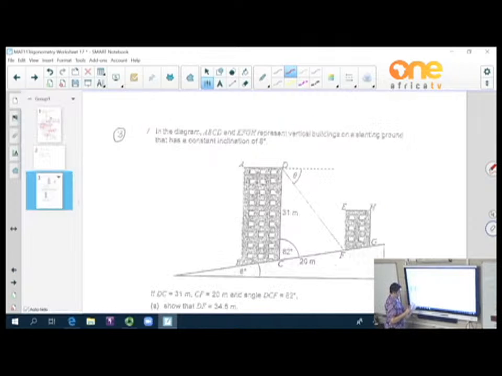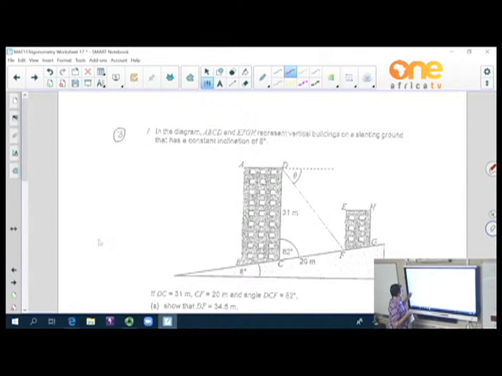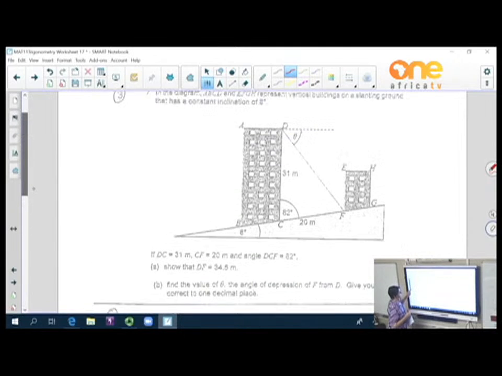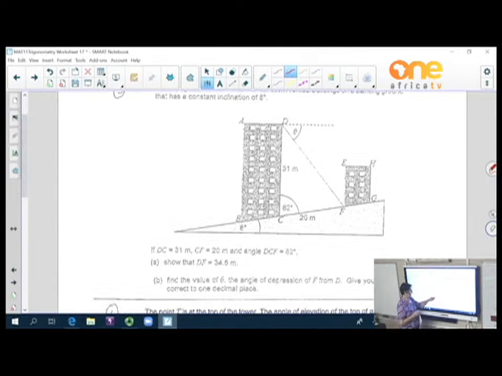Right, question 3. Please do this exercise first. In the diagram, we have these buildings in there, and it makes an angle of 8 degrees here.